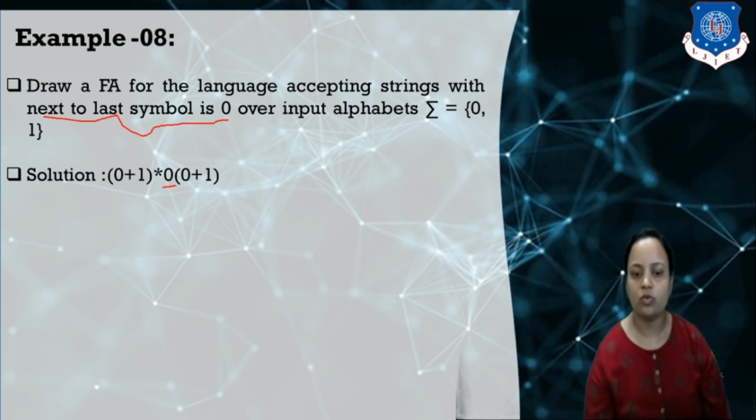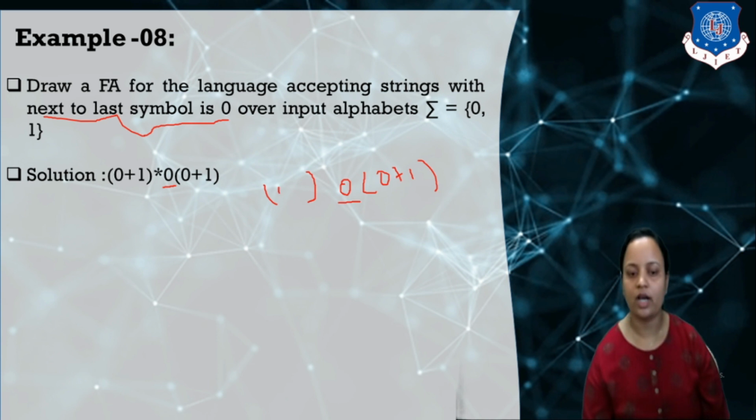After this only one position remains, either 0 or 1, so we write 0 plus 1. Before this any combination may come, there is no restriction, so we write (0+1) star.